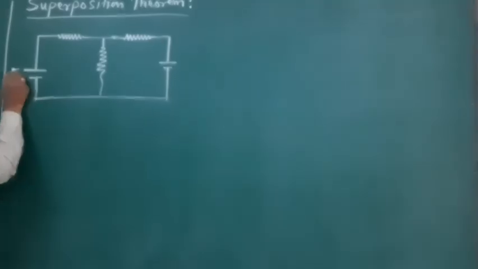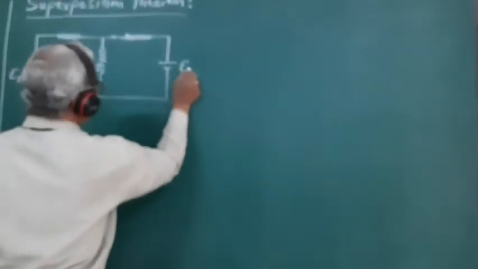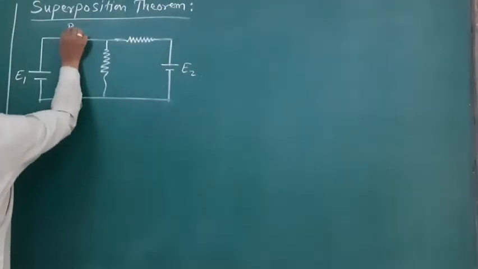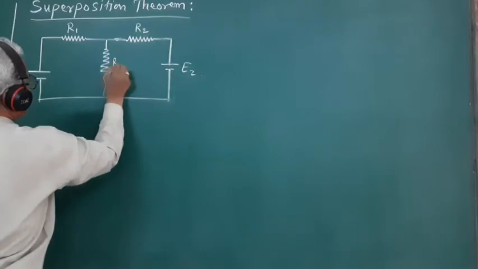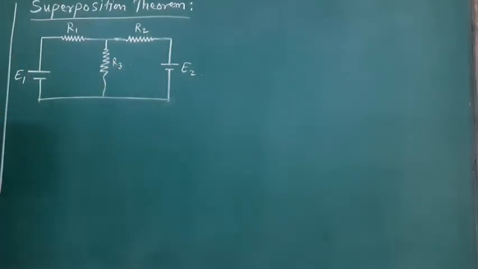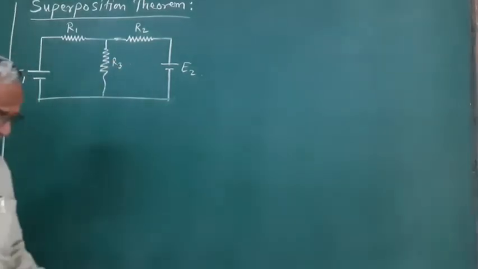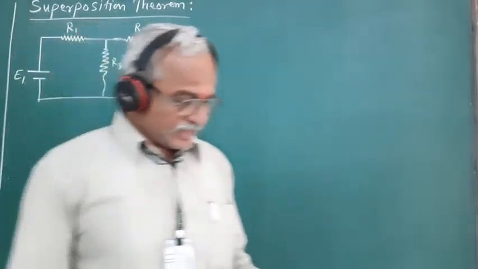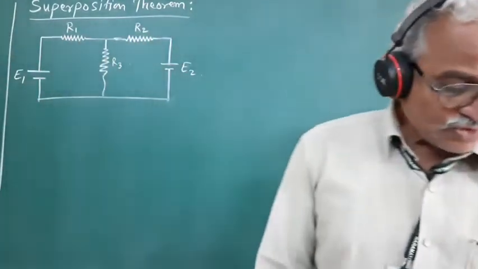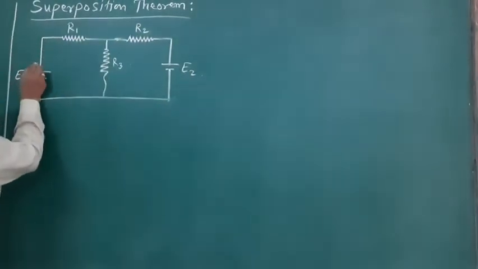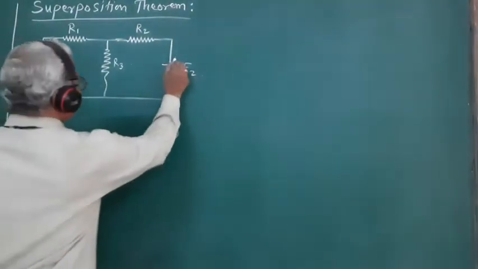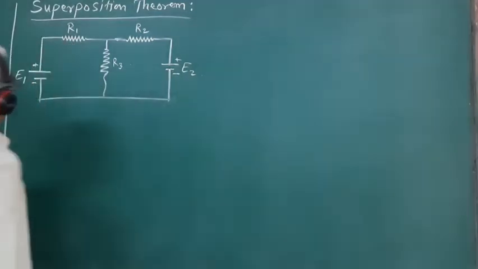Suppose this is the first source of EMF E1, the second source of EMF E2, and the three resistors are R1, R2, and R3. This is the positive terminal, negative terminal, positive terminal, and negative terminal.